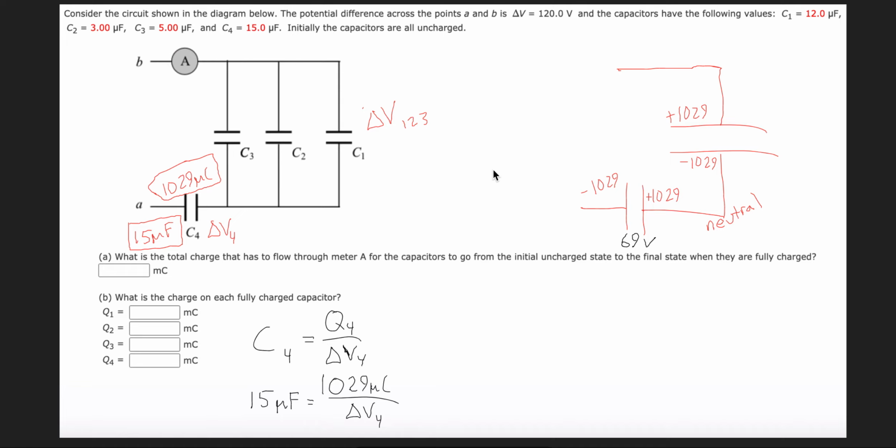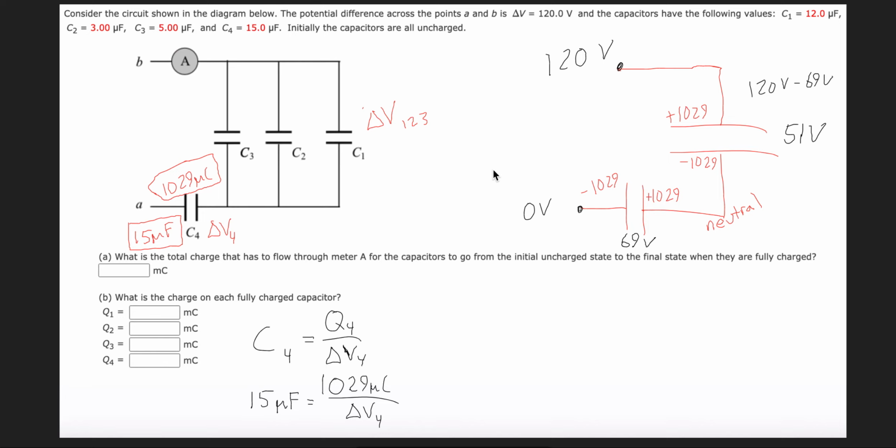Now that we know that, we've got 120 volts in the whole circuit, and you have to lose all that 120 volts. We have 51 volts dropped in that capacitor.